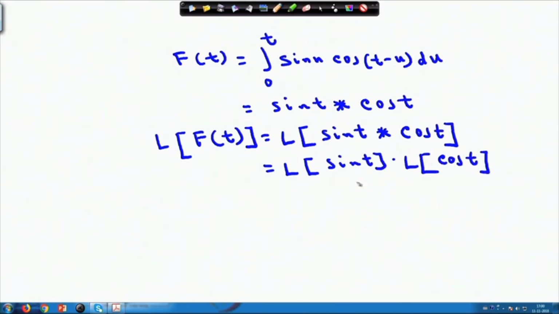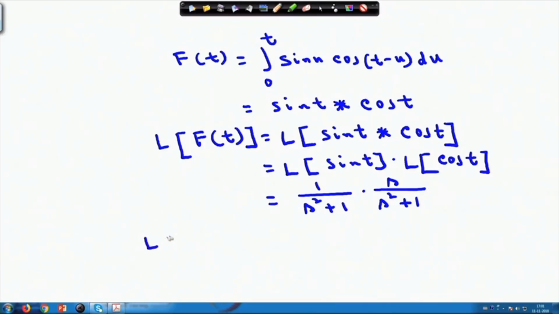Once I know the Laplace transform of sin t and of cos t, I can write it like this: 1 by s square plus 1 into s by s square plus 1, where 1 by s square plus 1 is the Laplace transform of sin t and s by s square plus 1 is the Laplace transform of cos t.